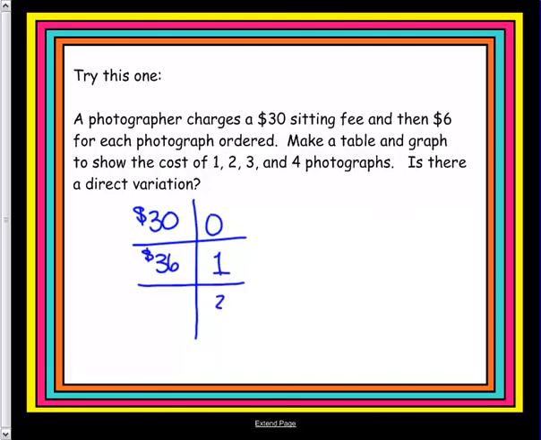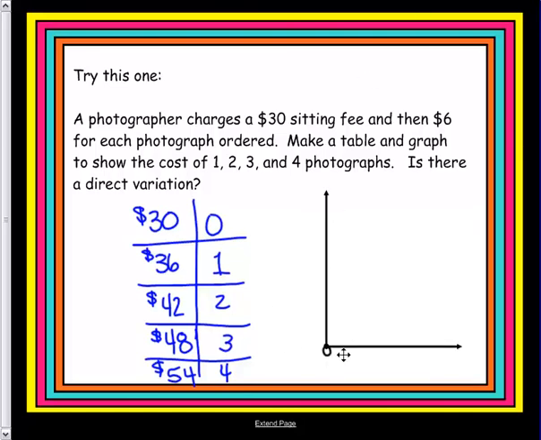If I buy 2 photos, I'm paying another $6. If I'm buying 3 photos, another $6. And I hope you see the pattern here that it's increasing by 6 every time. So finally, 54.